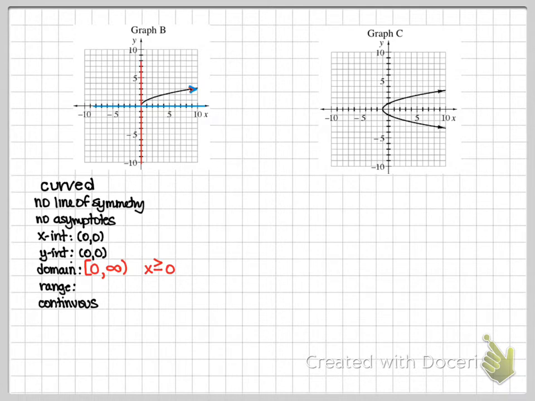So it looks like it goes as low as 0, and it hits at that point, so brackets. It is continuous all the way up as high as I can possibly imagine, parentheses. Now for range, you're still going to get greater than or equal to 0, but range are your y values. So make sure that you identify the correct variable here when you're talking about domain and range.